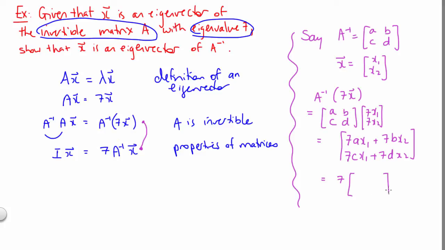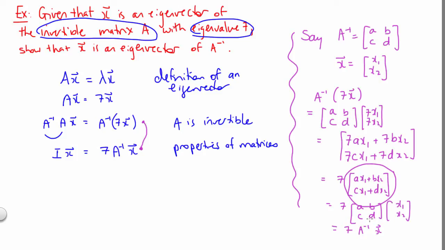We could write 7 times the vector ax1 plus bx2, cx1 plus dx2. And this vector that we've got right here is the same thing as having the matrix a, b, c, d times the vector x1, x2. So that really is 7 times A inverse times x.